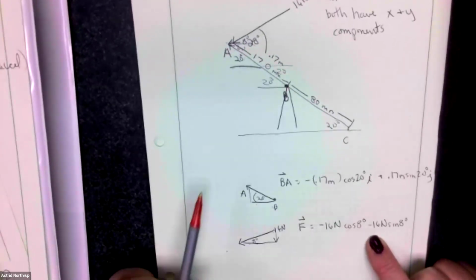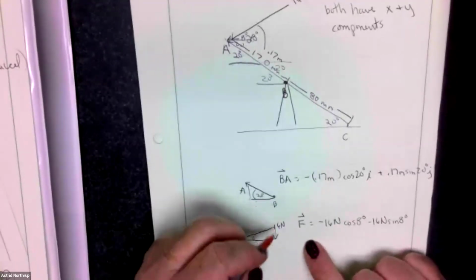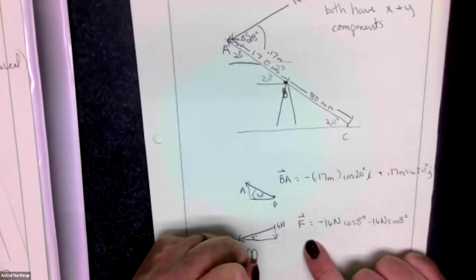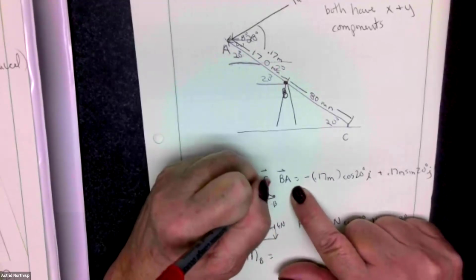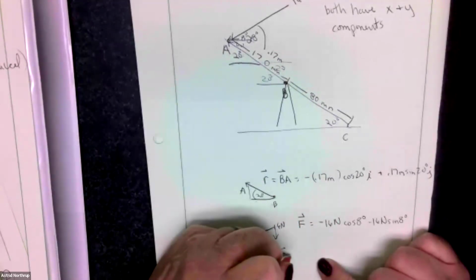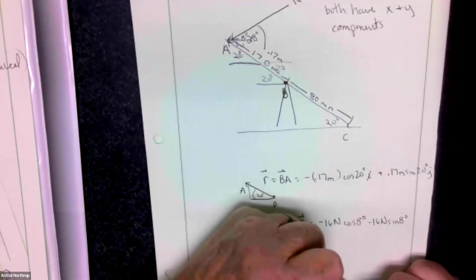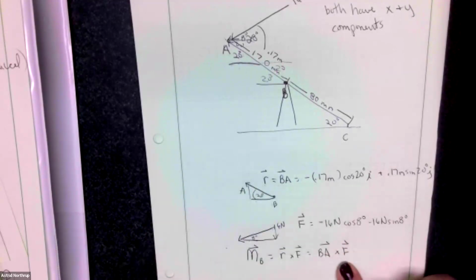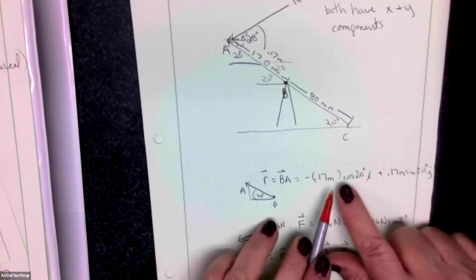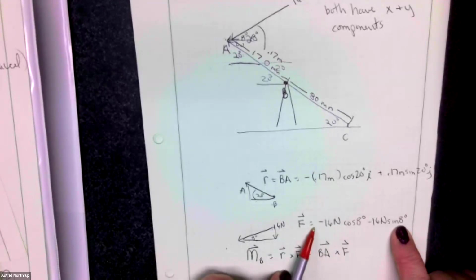So then to find this vector, the moment about point B is the moment arm, which we call R, crossed with the force, which in this case is going to be that vector B to A, crossed with the force. So I'm going to leave you guys here to do the rest, but what you'll do is you'll get numeric values for this, numeric values for this.